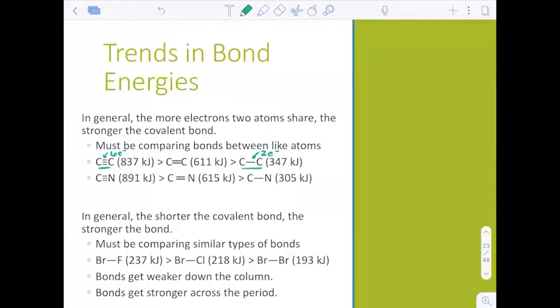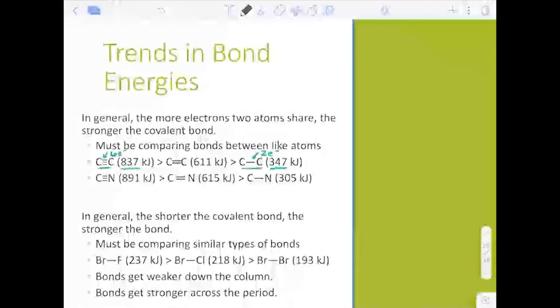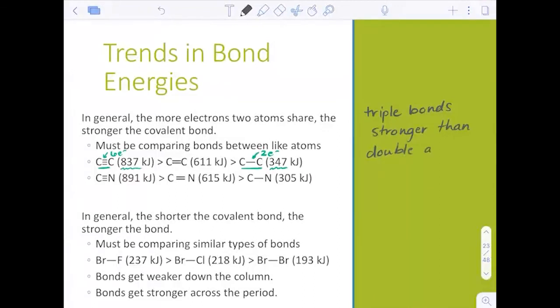And again, these values would be on a table, but what we would know is that triple bonds are stronger than double and single bonds. Why? Because there are more electrons in those bonds.